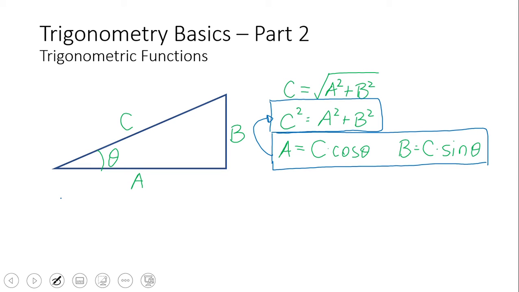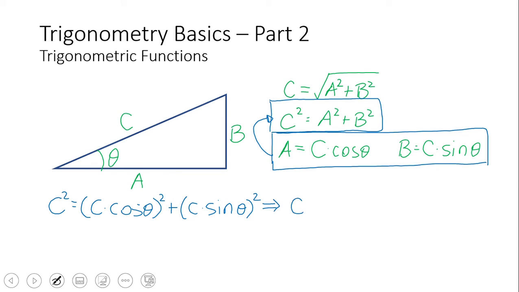So we have C squared is equal to A squared. For A squared, I'm going to plug in C times the cosine, squared, plus B squared, for which I'm going to plug in C times the sine, squared. I can simplify and say that C squared is equal to C squared times the cosine squared of theta plus C squared times the sine squared of theta.